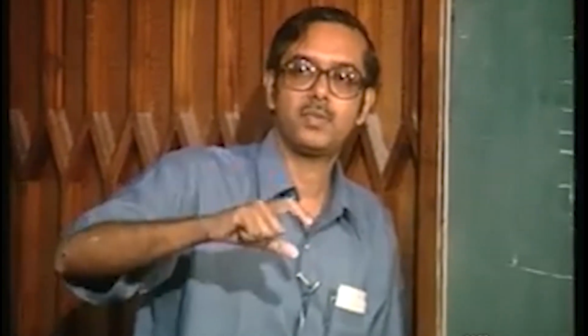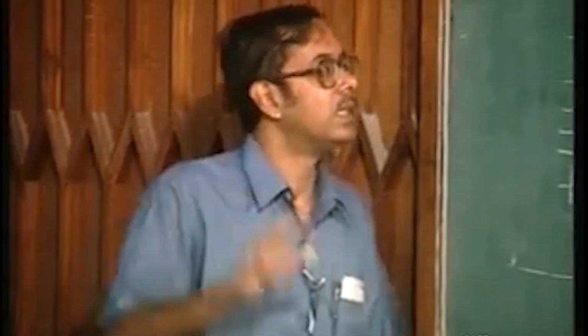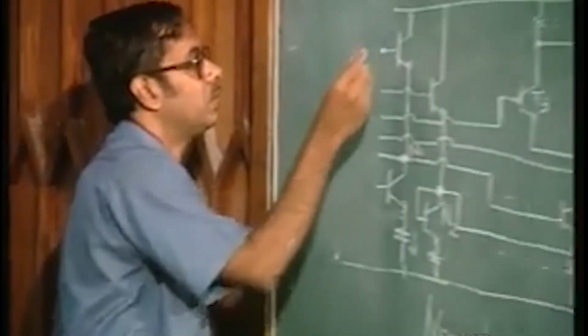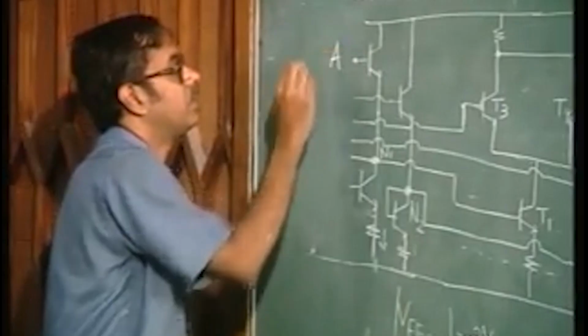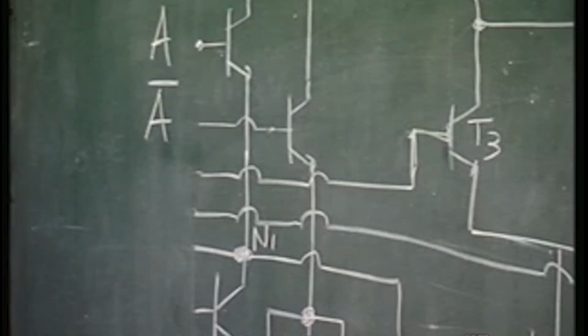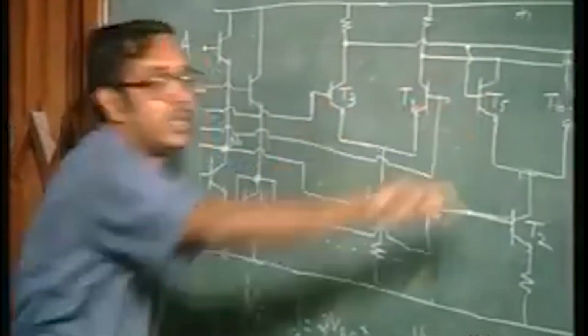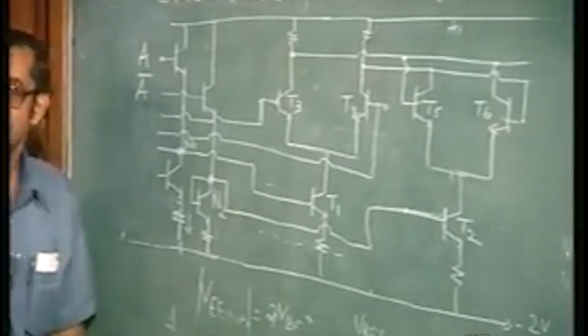Here in an exclusive OR it is A bar B plus A B bar. So, it is quite similar. What you have to do is, in one of the inputs you put A and here you put A bar. So, if A is high, one of these nodes will go high, and the other node is going to go high for A bar. If A is high, then this circuit is on; if A is low, then the other circuit is on.